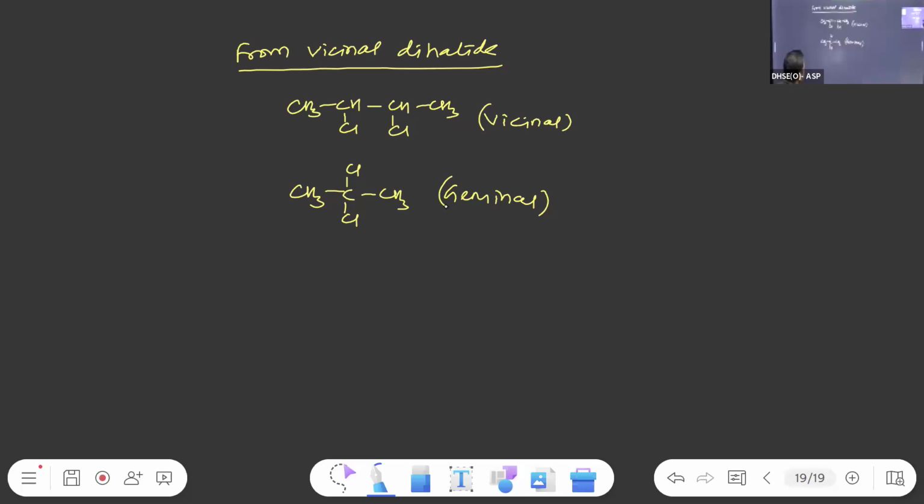Vicinal comes from vicinity. And geminal means if two halogen atoms are present with the same carbon atom, then it is geminal dihalide.